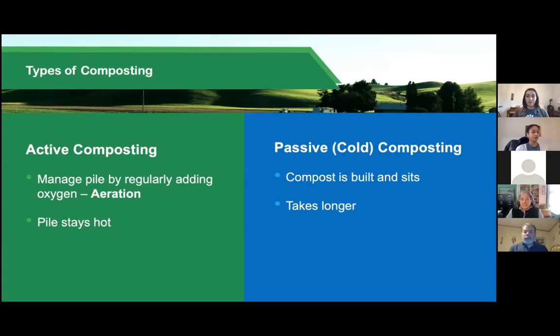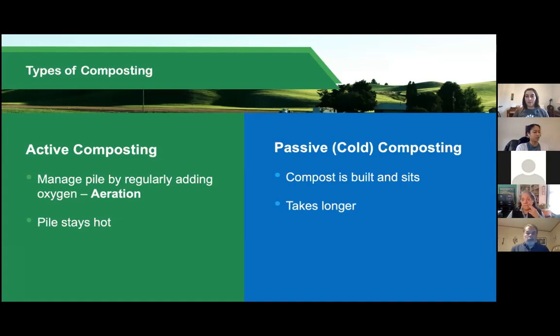It takes a lot longer, but the end product is pretty much the same, and it's still just as healthy. It might take a couple of years for it to completely break down, whereas an active pile is going to take a lot less time. Depending on the weather, the heat outside, and the sunlight, it could take just a month to break down a big pile like that. So it's a very big difference in the amount of time.